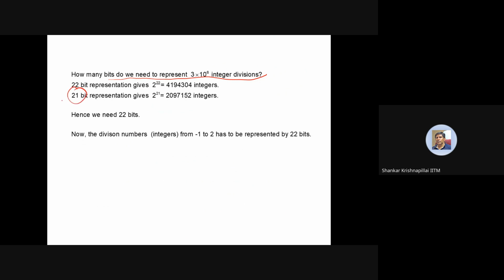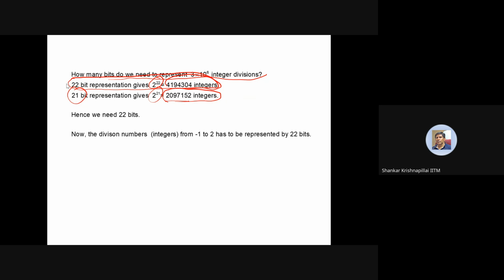If you have 21 bits, 2 raised to 21, that is 2 million integers you can represent. That is not enough. We need 3 million. The next available is 22 bits. So 2 raised to 22 will give 4 million integer divisions. So for the sake of accuracy, we will go with 22 bits because it gives the required number of integer divisions.